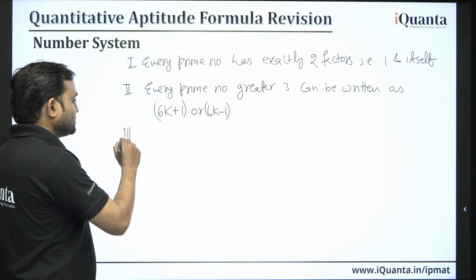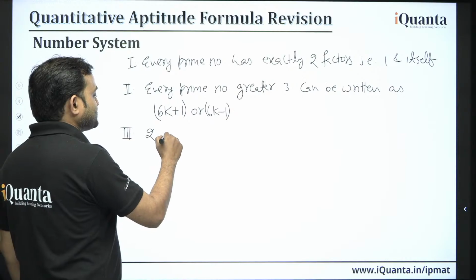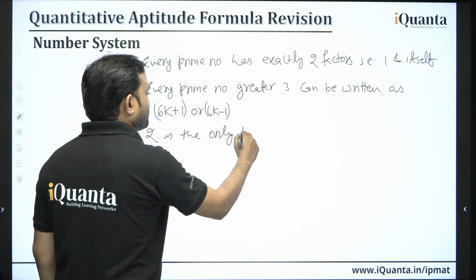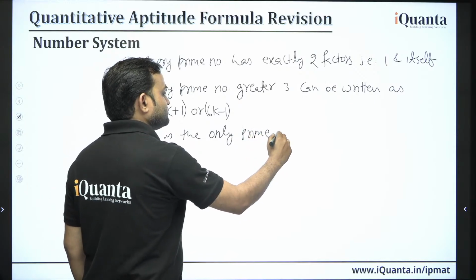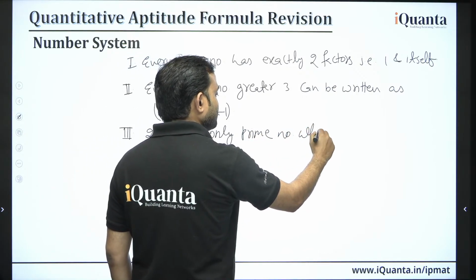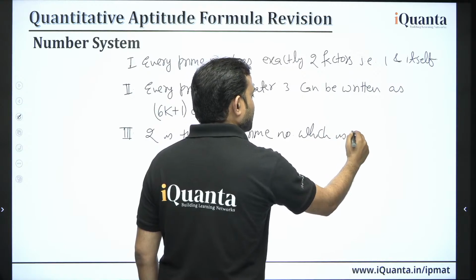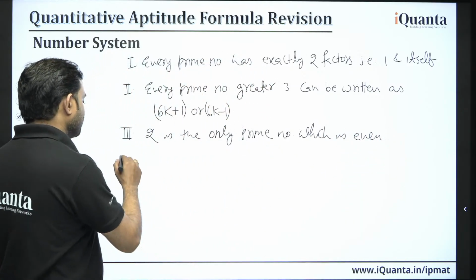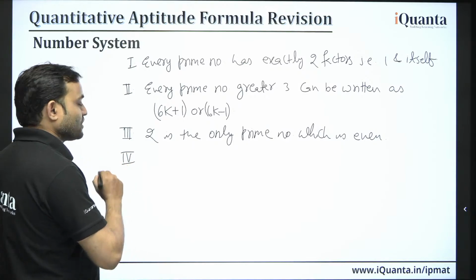Then the third one, 2 is the only prime number which is even. Apart from that, what we can say?